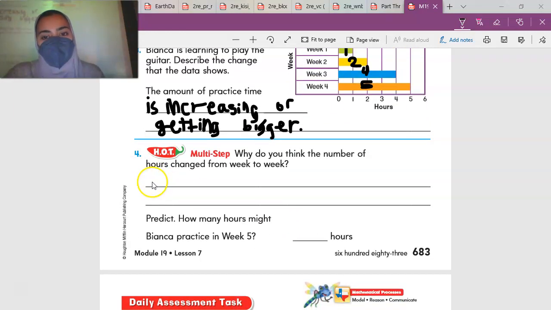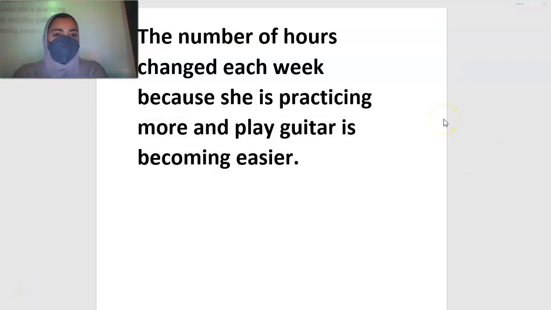So let's write that down. I'm going to type this because I can't write. The number of hours changed each week because she is practicing more and playing guitar is becoming easier.